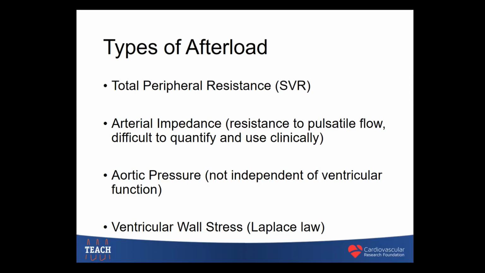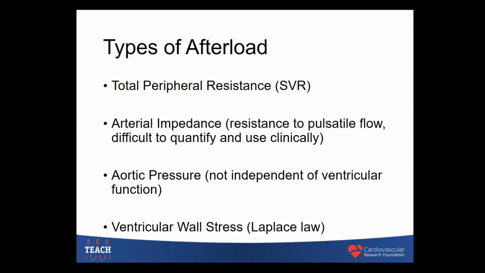But very different ventricular functions, very different cardiac output. And when you look at their total peripheral resistance, one can have a very high resistance and one can have a normal resistance but much better ventricular function. And when you look at their actual blood pressures, the blood pressure will be the same. So blood pressure in and of itself, while there is a component of it that is afterload, is not a good measure of afterload.